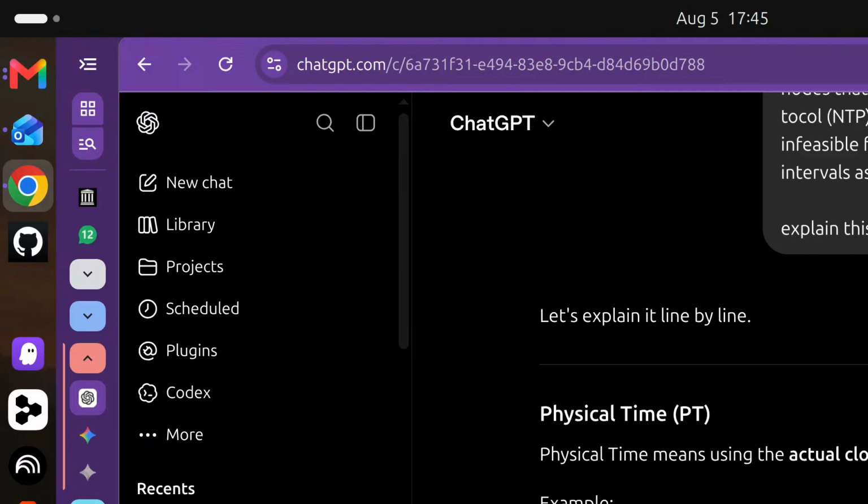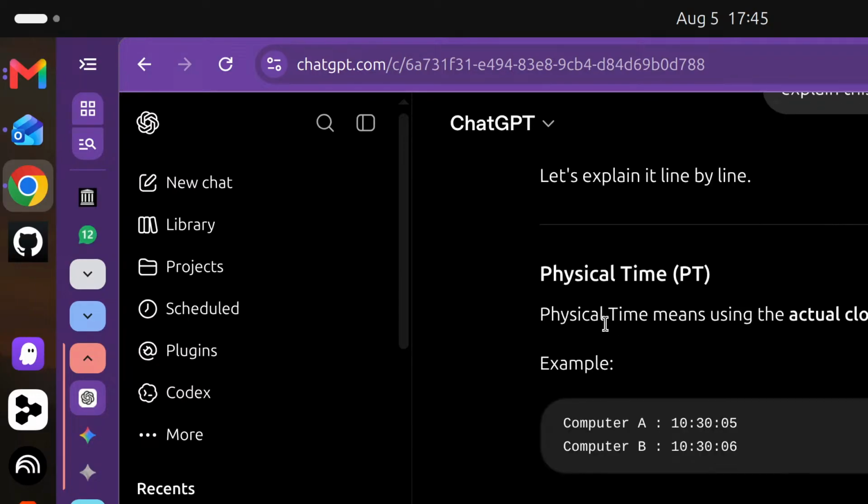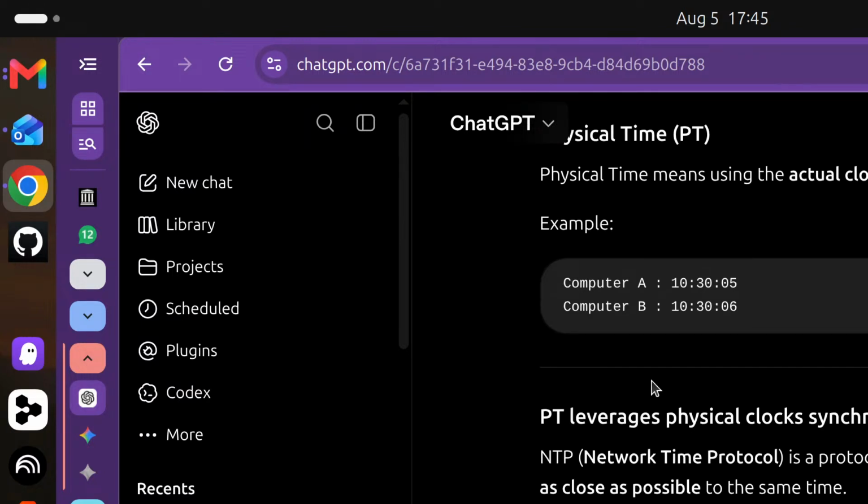So let's explain it line by line. What is physical time? It means using the actual clock on each computer. Computer A time is 10:30:05, and this is 6 seconds.